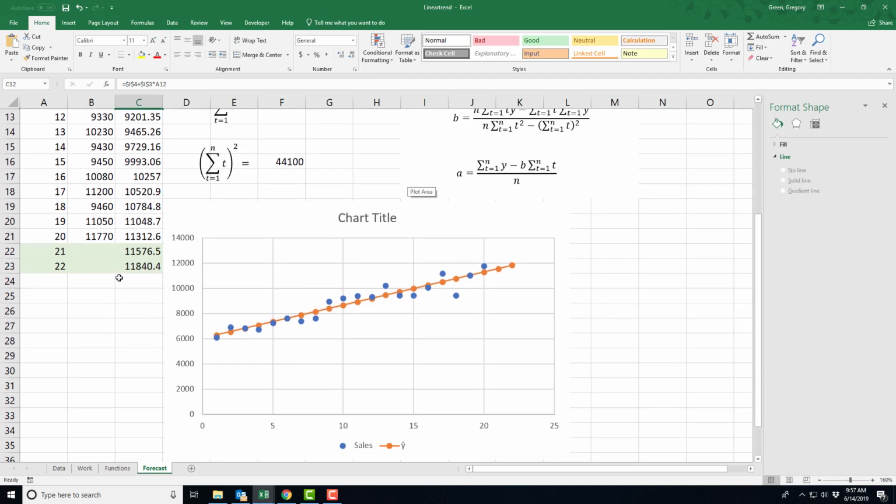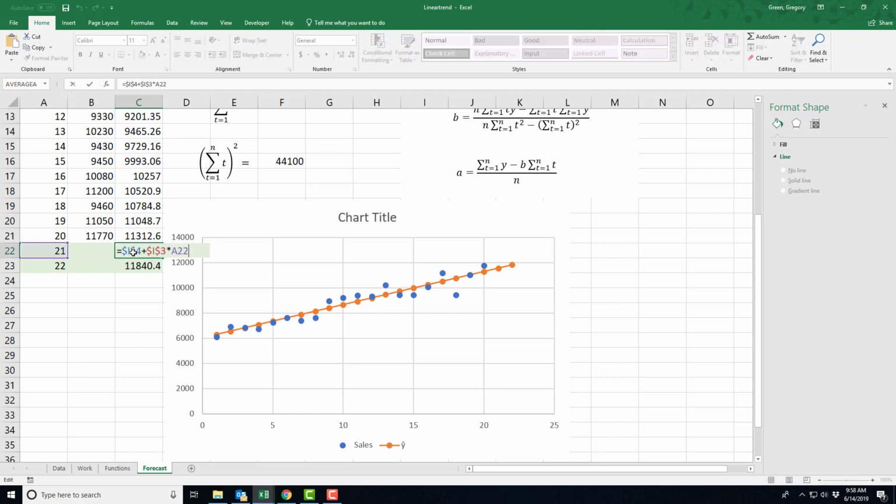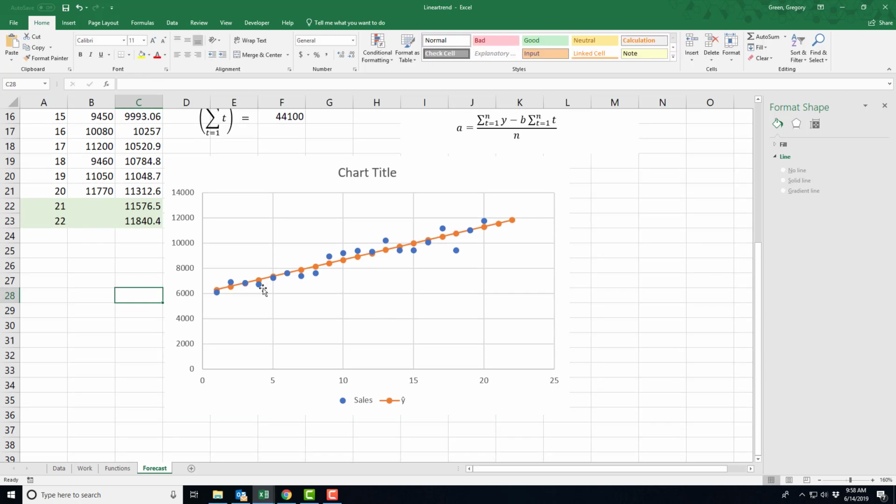Okay. Now the actual forecast outside the data is done the same way. It's done as the intercept plus the slope times 21, the intercept plus the slope times 22. Now, if I want to compare, in this picture I can do some comparisons.